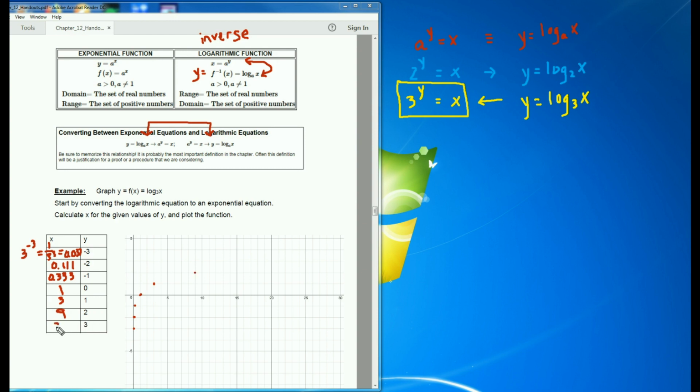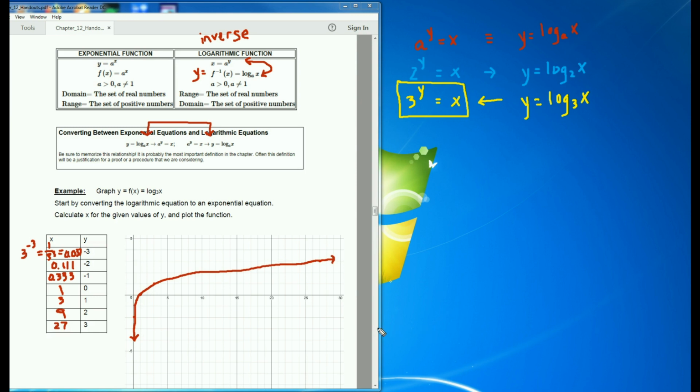And 3 cubed is 27, so (27, 3). I'm going to do my best to connect these points. Okay, not great. And then this is just going to shoot down to negative infinity along the axis. So it should look something like that.